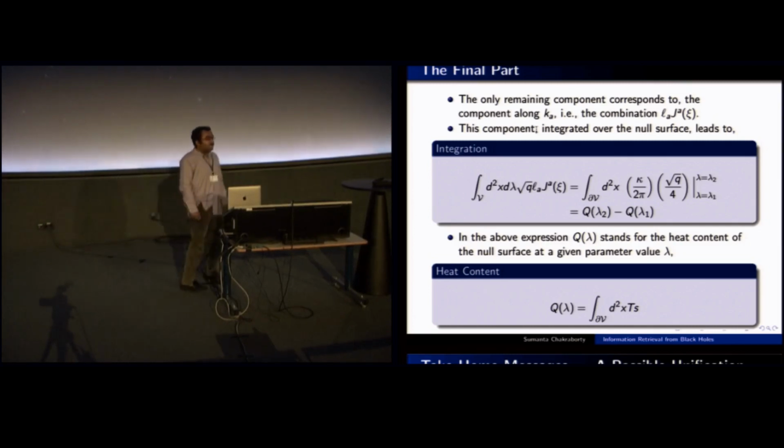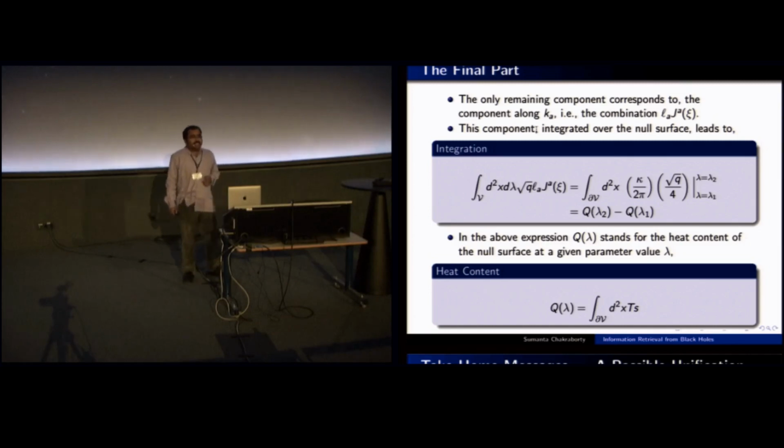Now kappa over 2 pi, as I just mentioned, is essentially the temperature, and root q over 4 corresponds to the entropy density. So you can say that the total heat content of the null surface at the two horizons at lambda equal to lambda 1 and lambda 2 is this quantity. The difference between them is essentially related to the total null Noether charge associated with the surface. This is another result that I would like to mention.